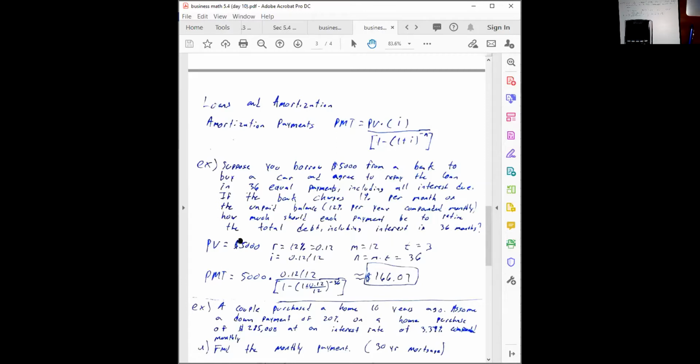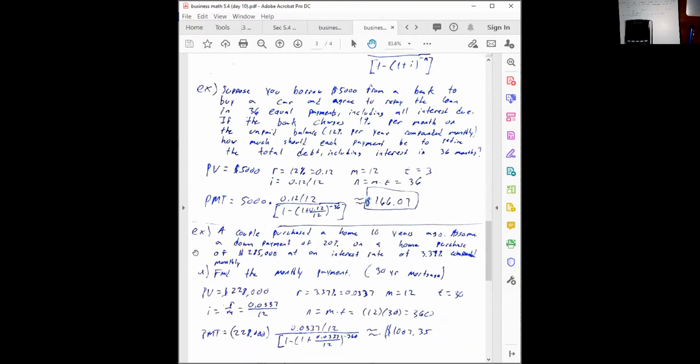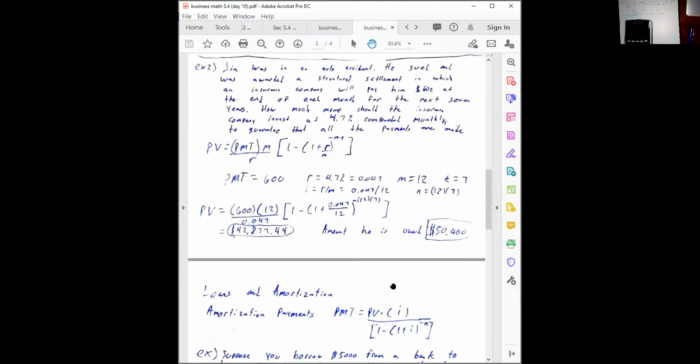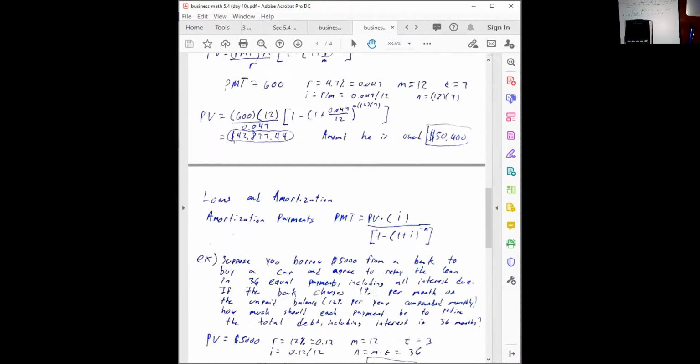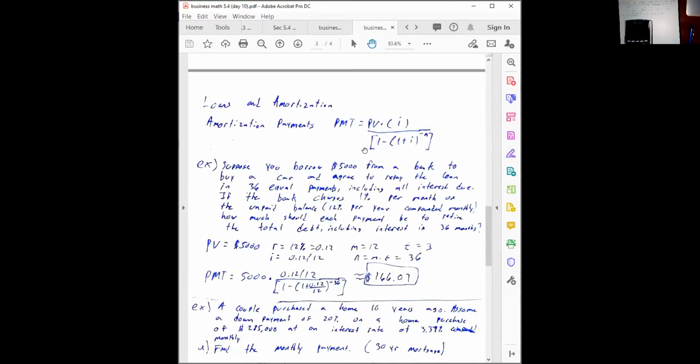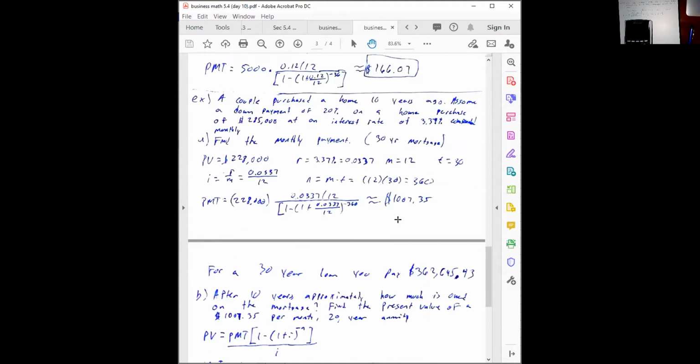Okay. On this one, all we have to do was payment actually, but I don't think it'll be too complex. You did a mortgage, and they asked find the monthly payment, so we plugged in everything using the payment formula, the same as this guy. So the monthly payment for this house was $1,007.35.